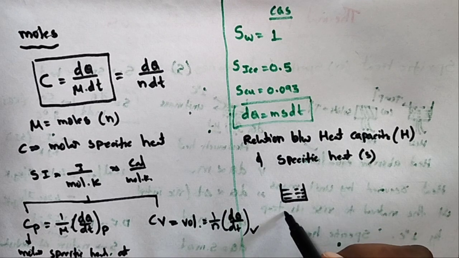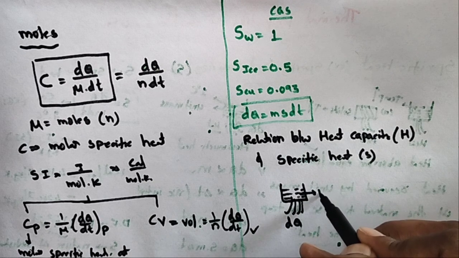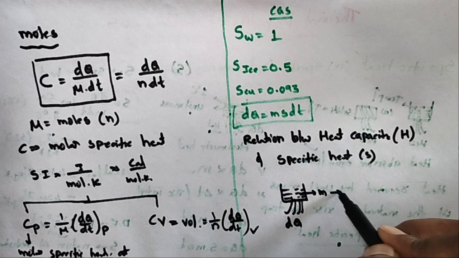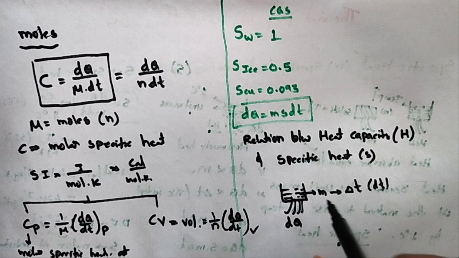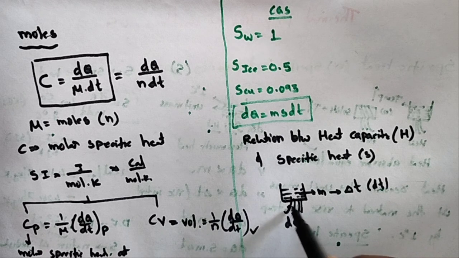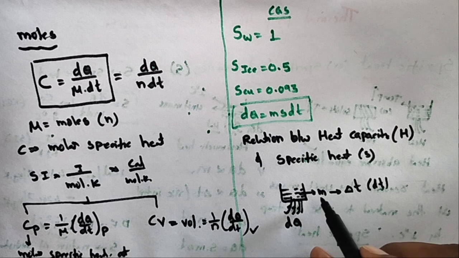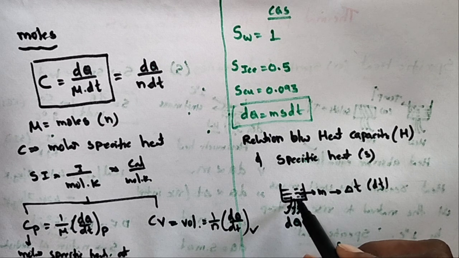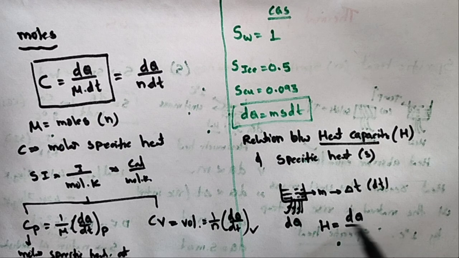The quantity of heat dq is given to an object of mass m to raise the temperature by delta T. I am not taking unit mass, it can be 1 kg, 2 kg, 3 kg, any mass. So how much quantity of heat is required? That is called heat capacity. H is equal to dq by dt. This is equation number 1.